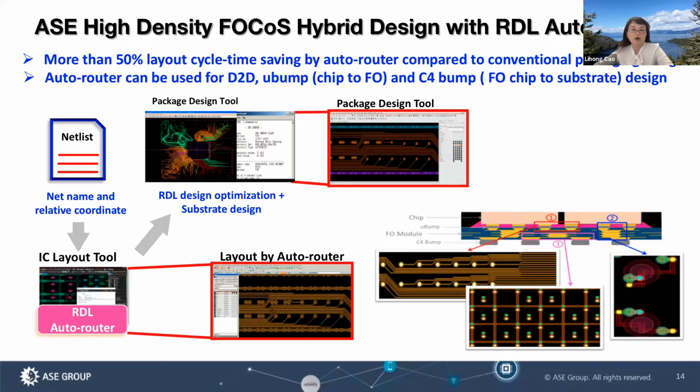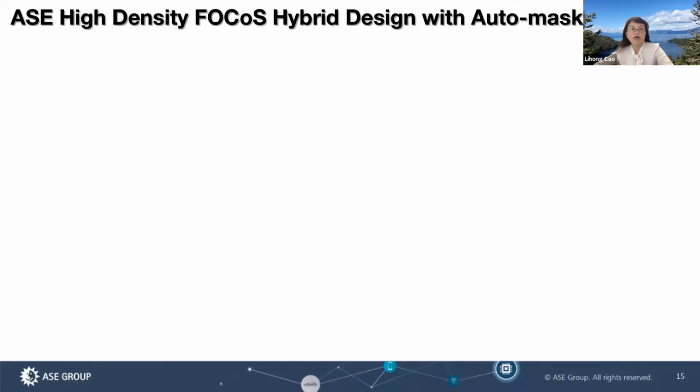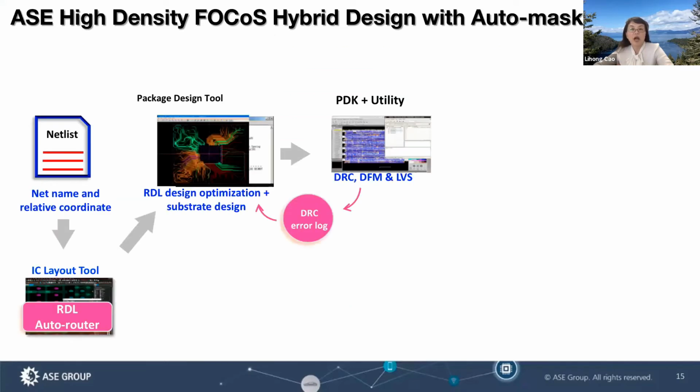Meanwhile, the Auto Router not only can be used for die-to-die design, but also can be used for micro bump and C4 bump for fan-out chip-on-substrate design. In our hybrid design, after we complete the RDL design, we also create the auto mask generator to design the RDL mask.